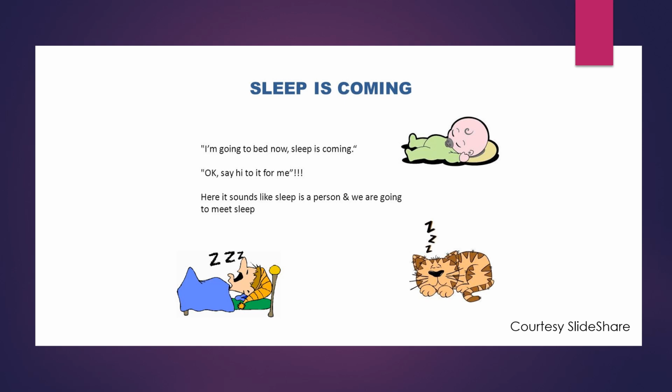Never is it "sleep is coming." I'm going to the bed now, sleep is coming. Are you inviting it? What is it coming using? Walking, running, in a car, train, what? So it is an incorrect way of putting it. "I'm feeling sleepy" would rather be the correct thing.